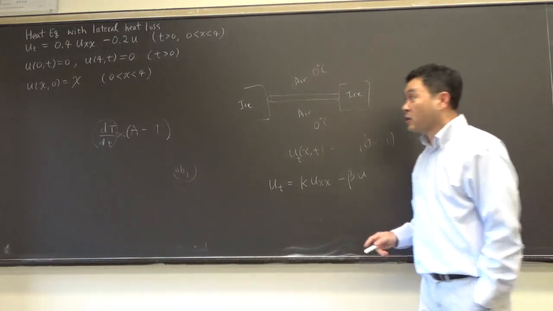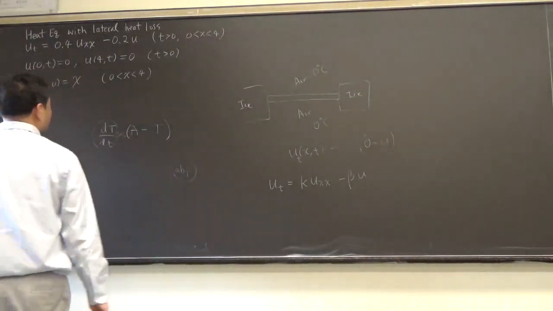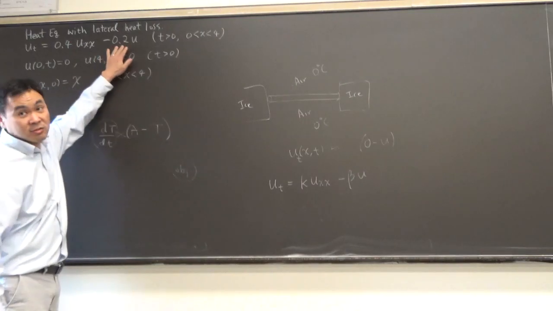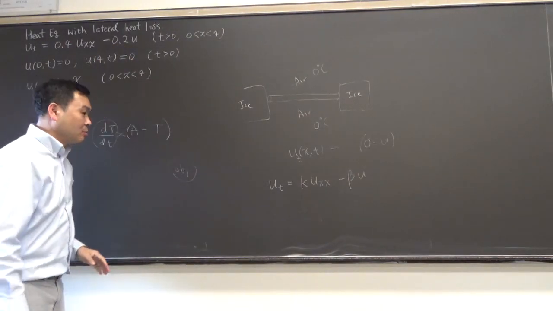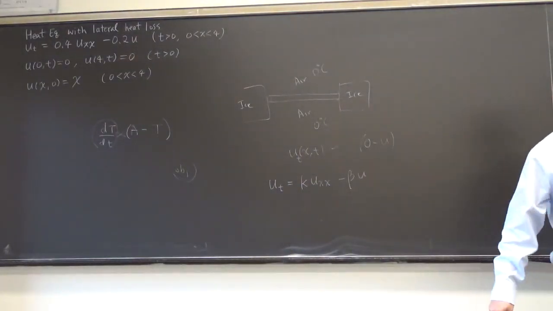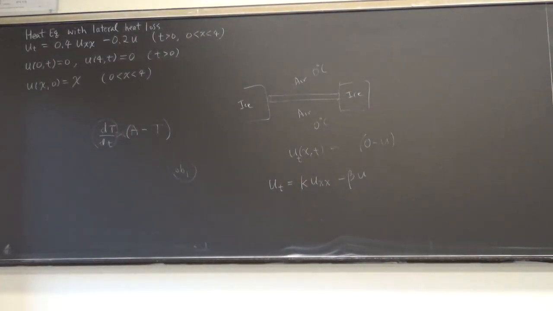And I want to show you how this can be done in this example problem where k is set as 0.4 and beta is set as 0.2. Okay. But the method I'm showing you should work for any generic k and beta.